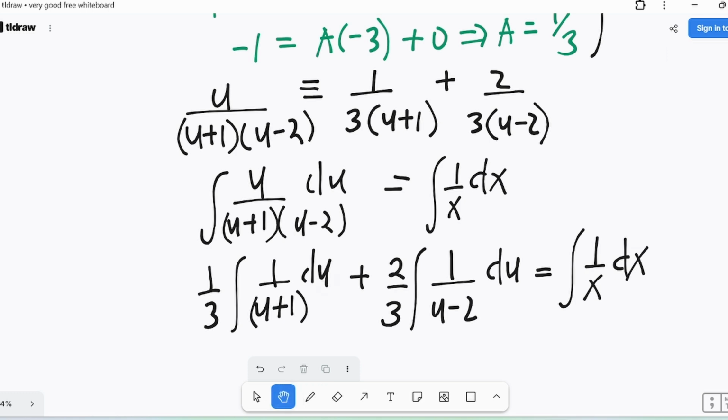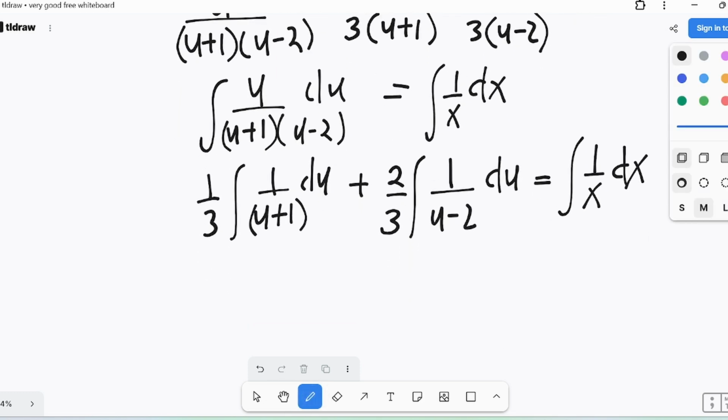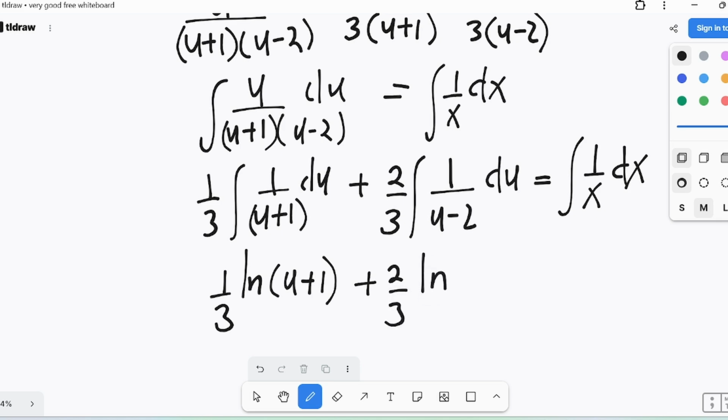Now we go further. So this is a third ln of u plus 1 plus 2 out of 3 ln of u minus 2 is equal to ln x plus ln k.